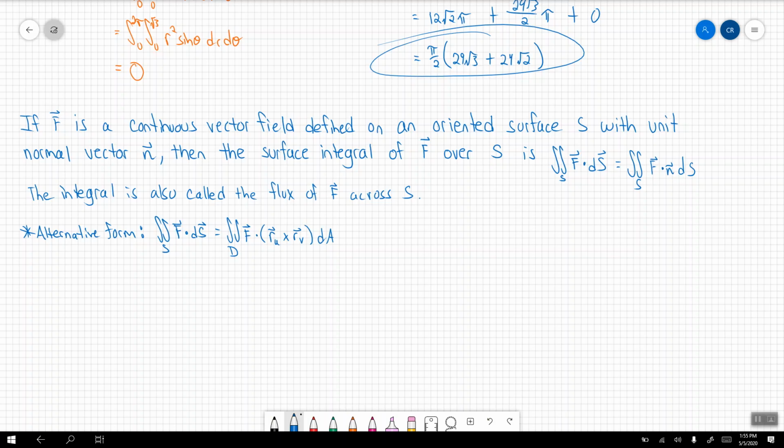Here's the theorem that we work with. It says if F is a continuous vector field defined on an oriented surface S, again, we need to define an orientation of the surface, that way we can have a normal vector that we then identify with that oriented surface, with unit normal vector n. Then the surface integral of F over S is given by this surface integral.